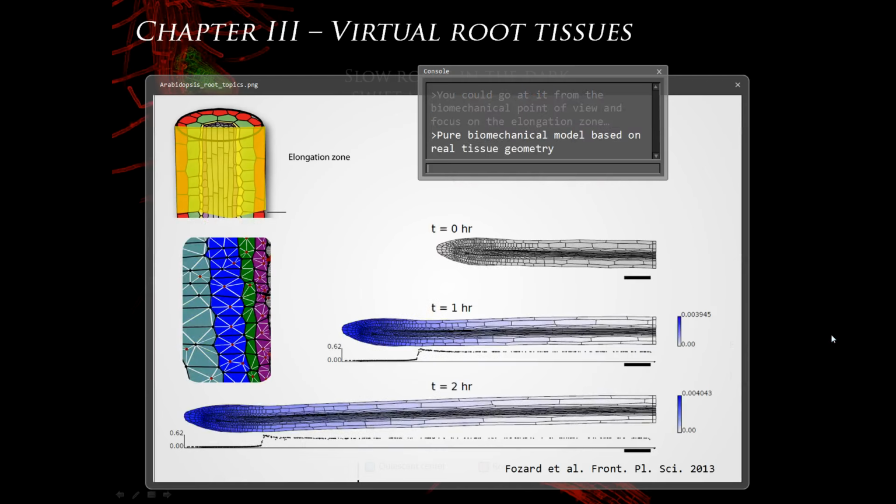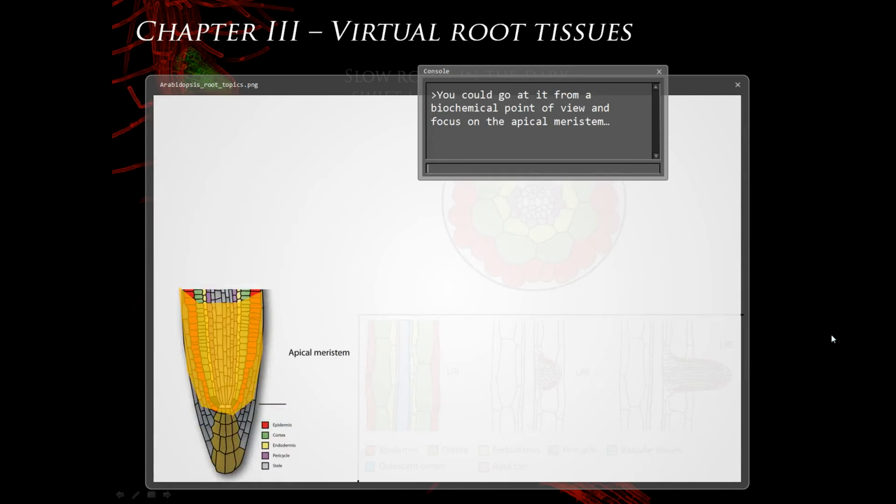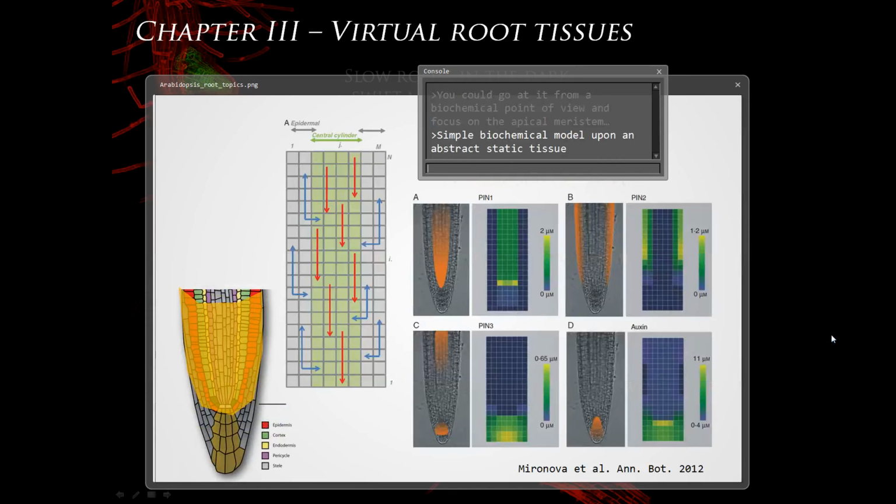That's, for example, the work of Fozard et al. in 2013, and they have described a pure biomechanical model based on relative geometry and with a gradient of auxin, which drives the cell elongation. Or we could also go at it from a biochemical point of view and focus more on the apical meristem. That may be, for example, the work from Mironova et al.